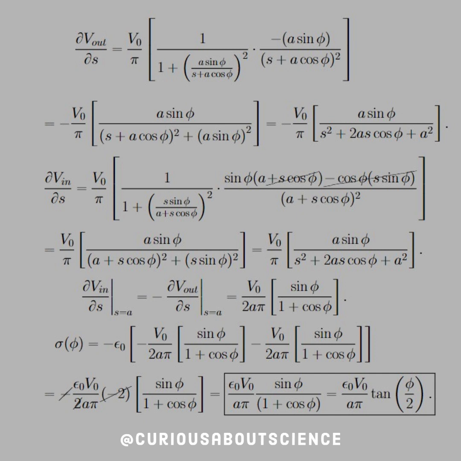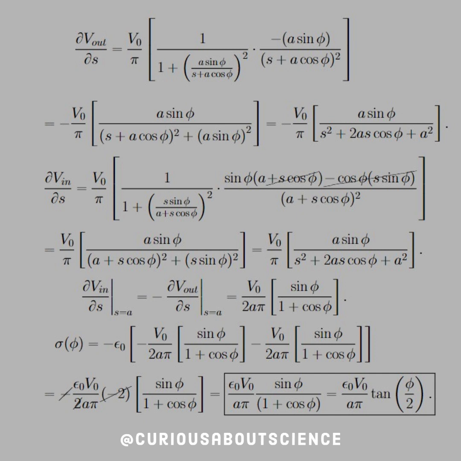Once we cancel that and simplify it, we see that the derivative of V in is equal to minus that of V out, which is equal to V0 over 2a pi times the bracket sine phi over 1 plus cosine phi. Again, be very careful there. Just simplify, use the rules of algebra that you know.